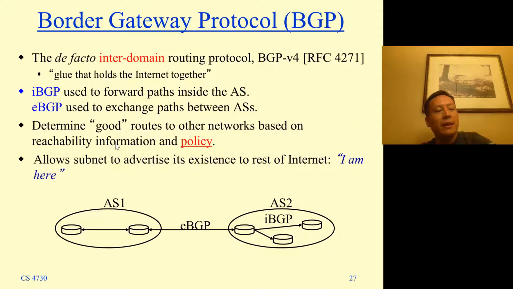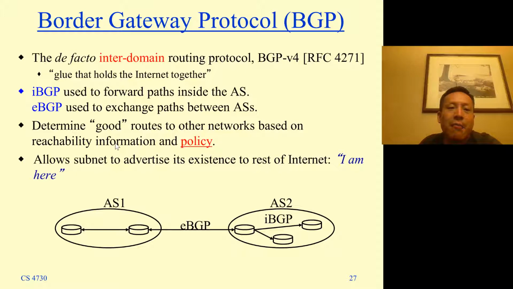So IP and OSPF are all for the same autonomous system, right? So the next very important protocol is BGP. As I said, it is the inter-domain routing protocol, and de facto inter-domain routing is like the glue that holds the internet together. Which means it essentially puts all these individual autonomous systems together.